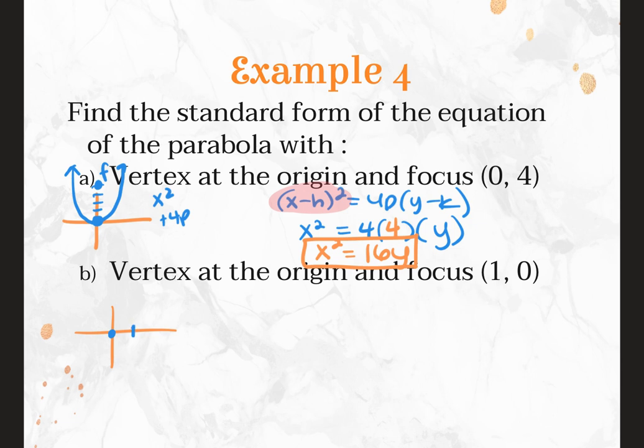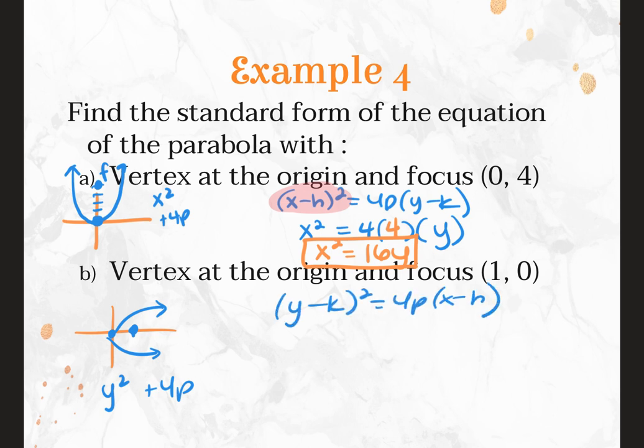All right, so now go to B, vertex at the origin, focus at 1, 0. Which direction is my parabola facing? To the right, which means which variable gets squared? The y is squared. Positive or negative 4p? Positive 4p. So now I get y minus k squared equals 4p times x minus h. My k and h are zeros, so they go away.